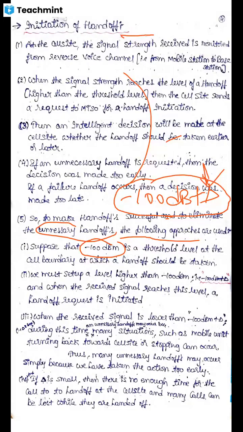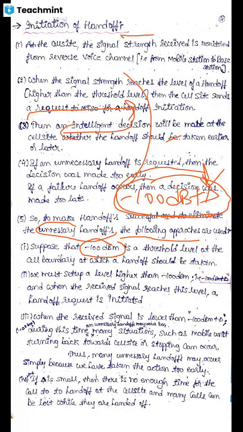If the delta value is high, when the received signal is lower than minus 100 dB plus delta, or if the delta value is large, then at this time unnecessary handoffs will occur. Unnecessary handoffs means situations such as the mobile unit reaching up to this boundary condition, and it can turn back again to the base station.